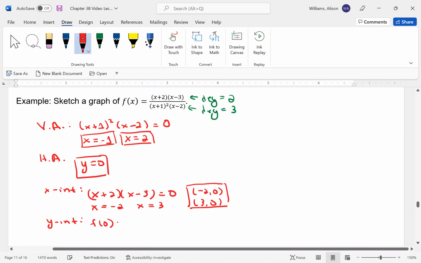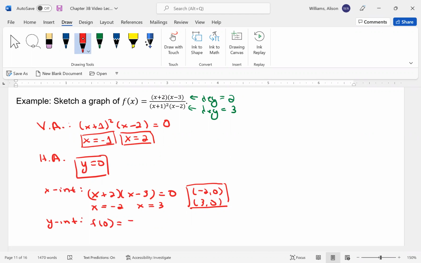Okay, and here I'm going to work it out a little bit in my head. I'm going to get 2 times -3, which is -6, over 1 squared, which is 1, times -2. So it's a +3. Interesting.